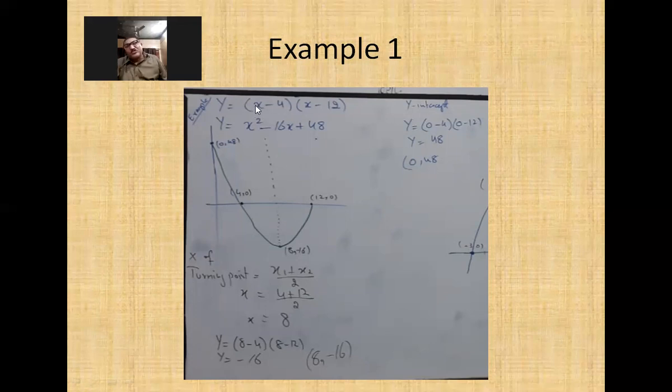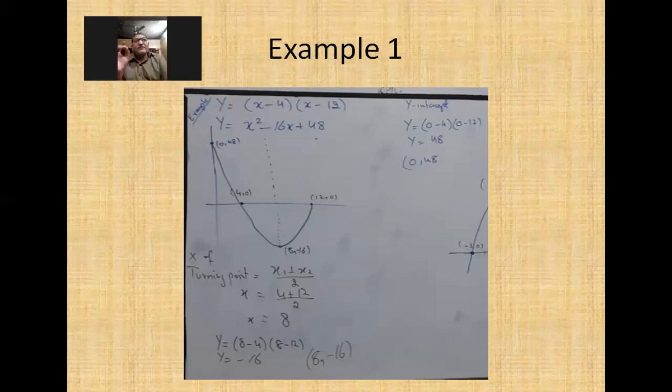This form tells me that these are the x-intercepts of this graph. So now if you know the x-intercepts, you need to change the sign. The x-intercepts will be (4, 0) and (12, 0). If you know the x-intercepts, the next thing you need to do is find the x of the turning point.